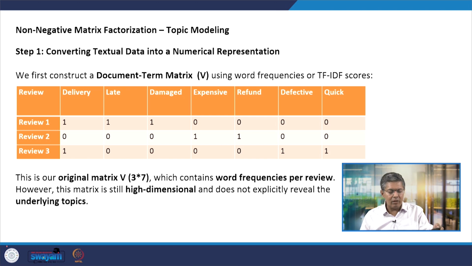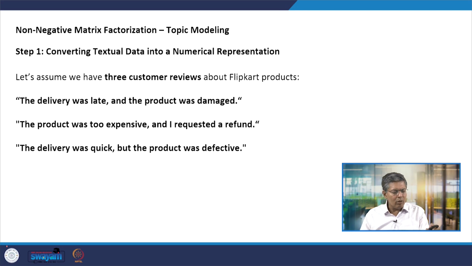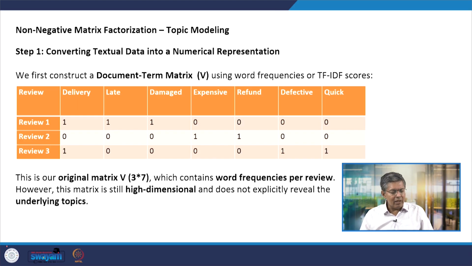Now, 3 are the 3 reviews and 7 are the terms that we have picked up from these reviews. Actually it could be more also, but we have taken 7, right. So, for example, delivery, product, damaged, expensive, refund, similarly we have taken 7, right. So, the original matrix now, which is a 3 cross 7 matrix, contains word frequencies per review.